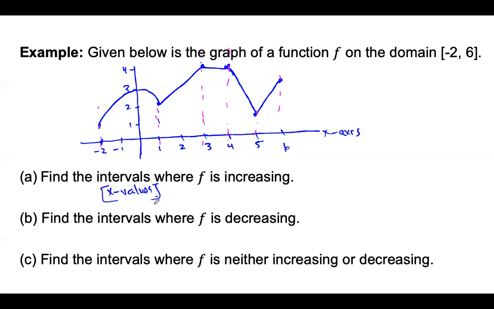So yes? Right. -2 to, it increases to here. Yeah, 0. If there's no point there, do we make our own point there? Yeah, because imagine you're walking up a hill, right?